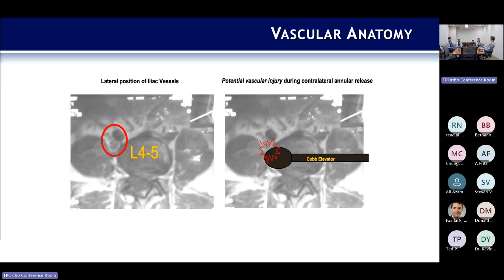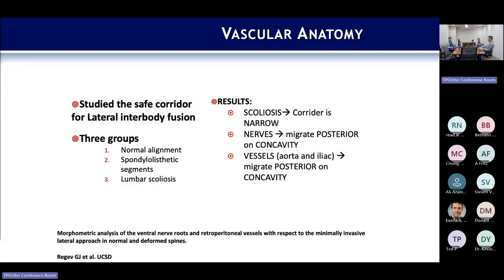That's when this would be an issue. So maybe not in a 20-year-old with pliable vessels, but in a 70-year-old, which we're typically operating on, they may not have the same compliance. So these patients typically go to the side of danger rather than avoiding it, so that if there's an injury, you're looking right at it.